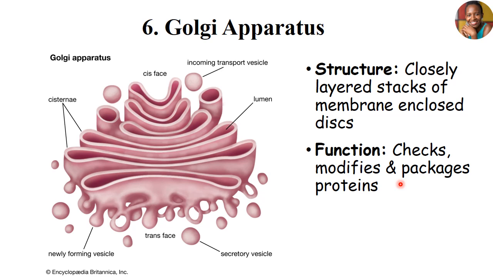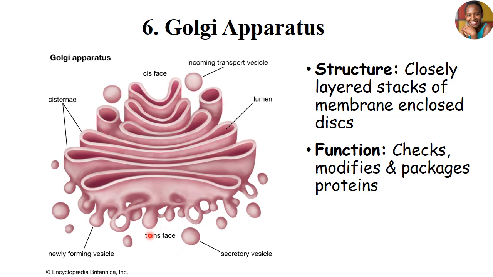It's a stack of layers, and because it's a stack of layers, it creates discs. And because it creates a disc-like appearance, it comes with faces. So the Golgi apparatus has a cis face and then it has a trans face.